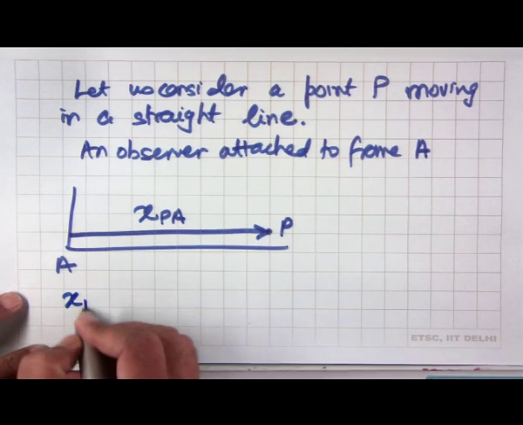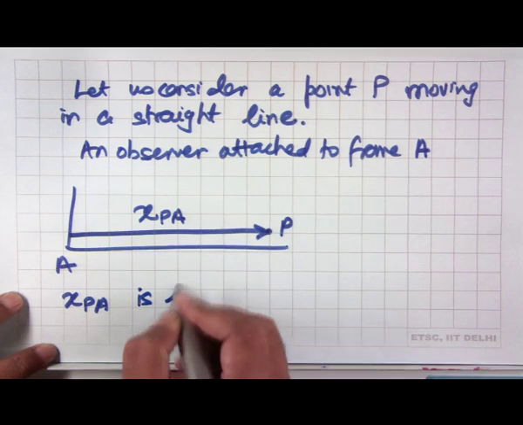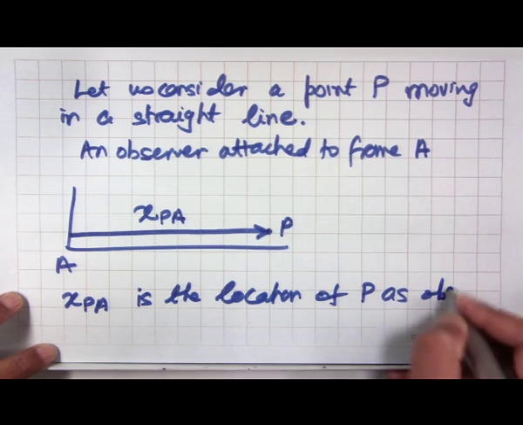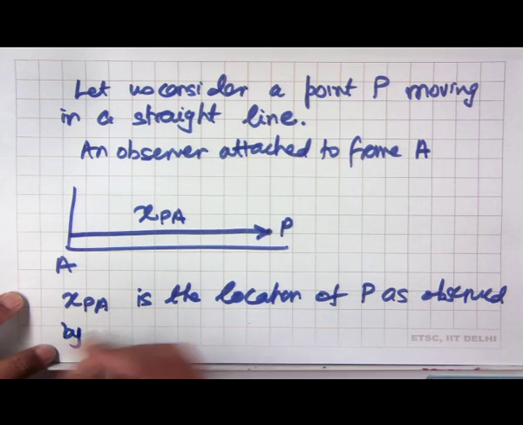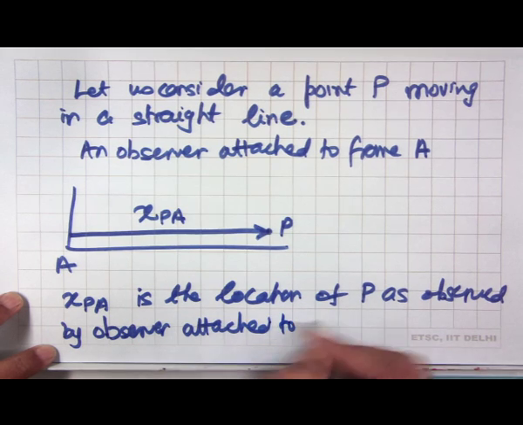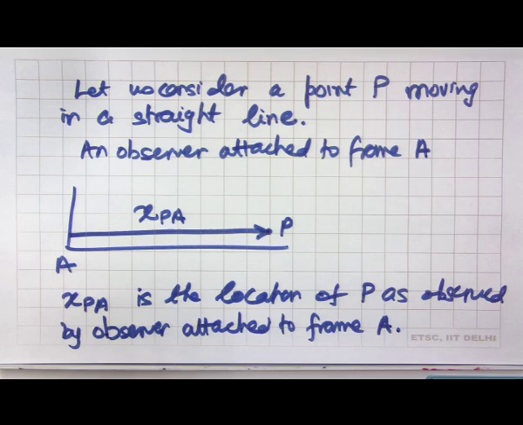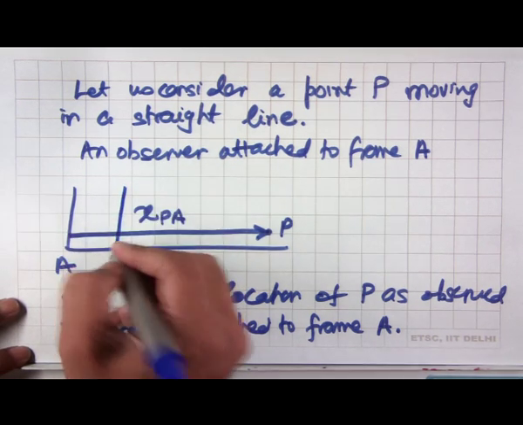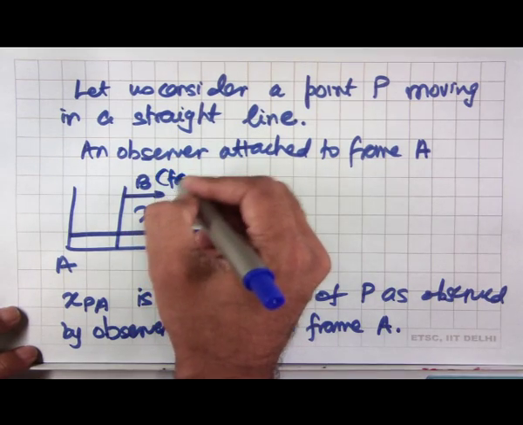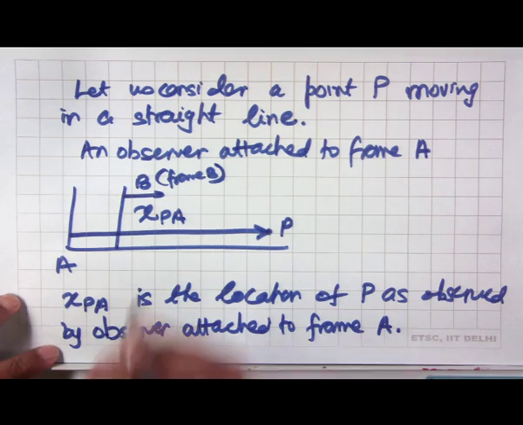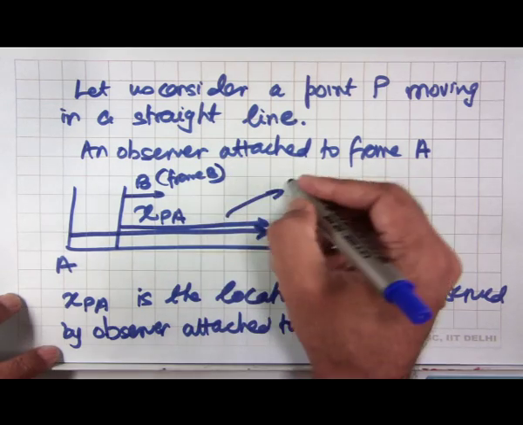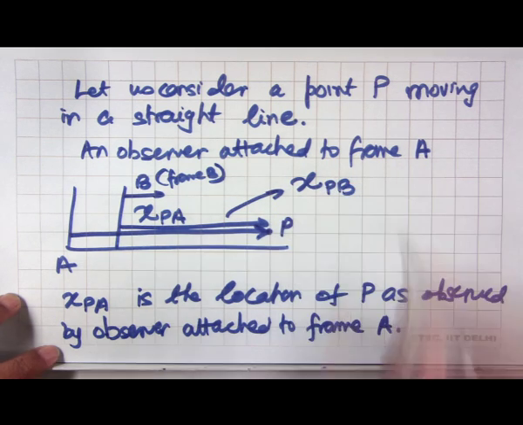So, XPA is the location of P as observed by the observer attached to frame A. Now, we also have a frame B, and the position vector of P as observed by frame B, let us write as XPB.